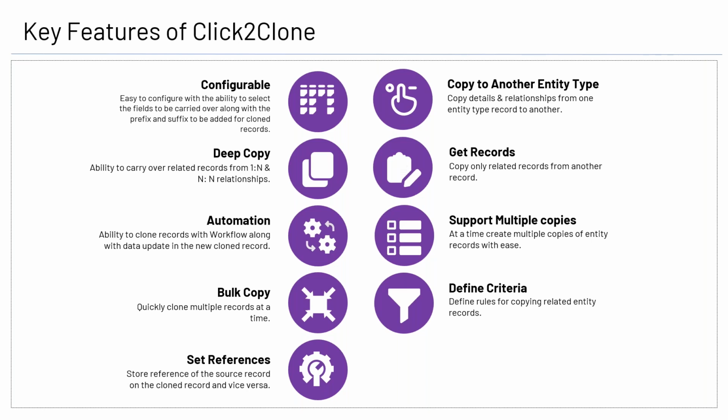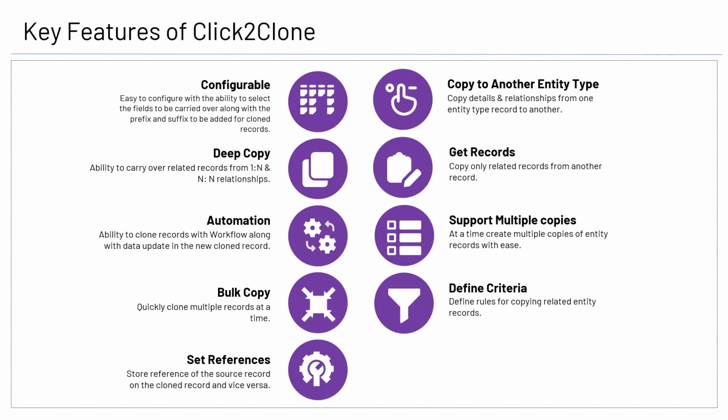So many a time I have to create, let's say, a product or something which is very, very complex by nature. And if a similar request comes from another customer, I have to again go through the entire complex process. Not anymore. With Click2Clone, we can actually copy only related records from some other record itself.